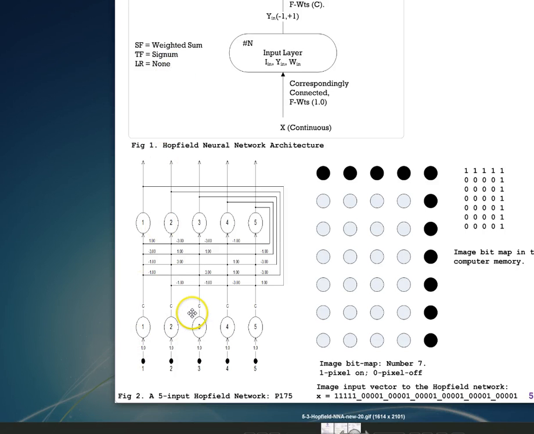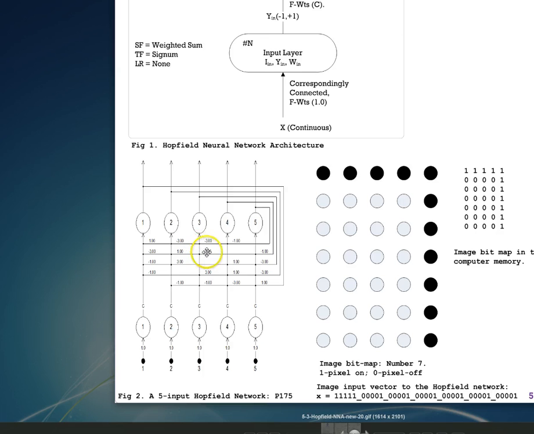And the other inputs here, as you could see, form fully connected feedback networks. What that means is, for example, if you take neuron 1, it is connected to 2, 3, 4, and 5. It is not connected to 1.